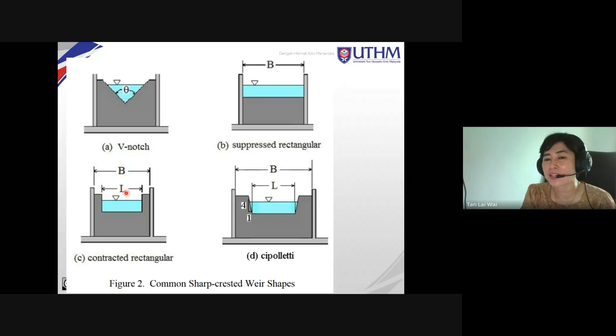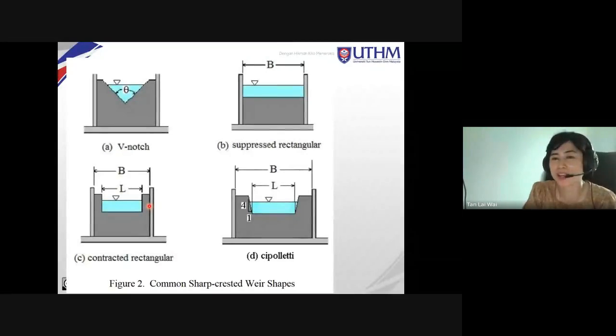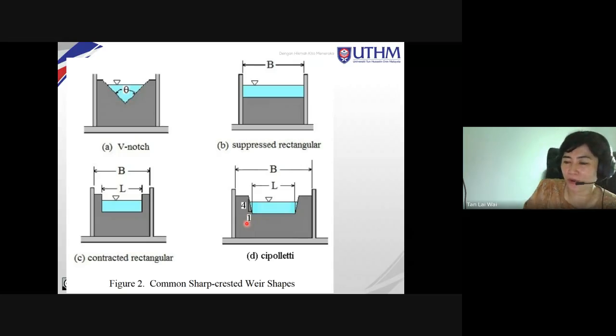You need to calculate the effective length. L subscript E is the effective length. That depends on the number of contractions. You have a factor of 0.1n. We'll go to that later. And you have the width of the channel B, and the length of the channel is measured at the bottom of the Cipolletti weir, 1 to 4.